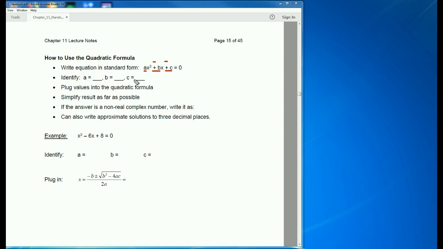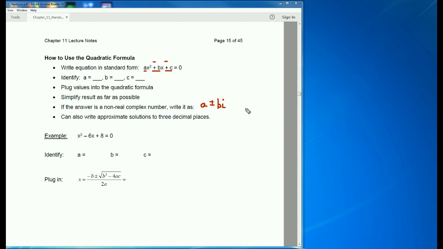So you've got your three numbers. You just put them into the quadratic formula. You simplify your result as far as possible. If the answer is a non-real complex number, then you're going to write it in this form, a plus or minus bi. You're going to separate the two parts.